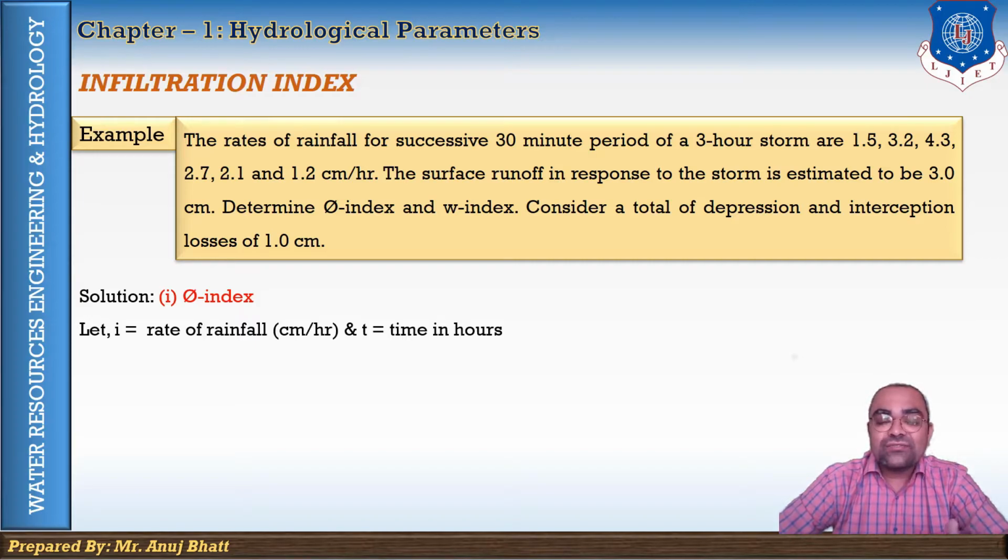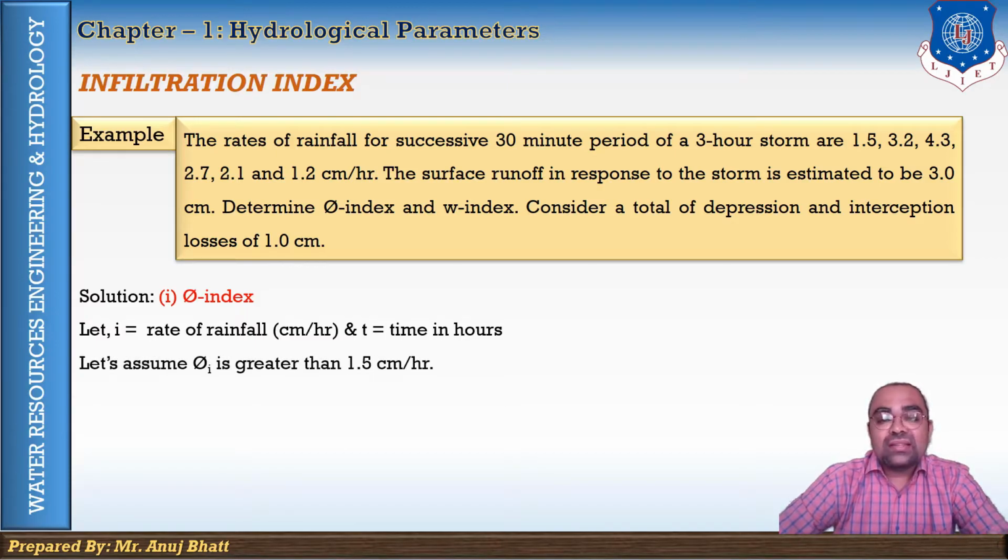From all these values we have to assume a particular value from where the rate of rainfall would be excessive. So let us assume that the phi index is greater than 1.5 centimeter per hour. So intensity below 1.5 centimeter per hour would be neglected from the calculation.